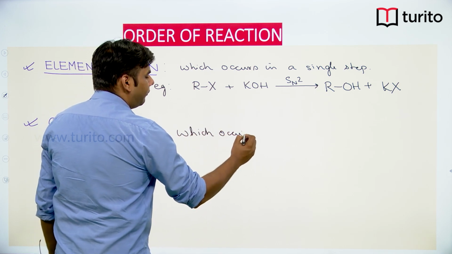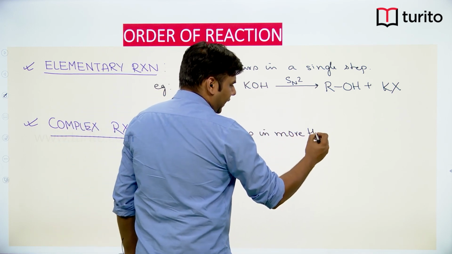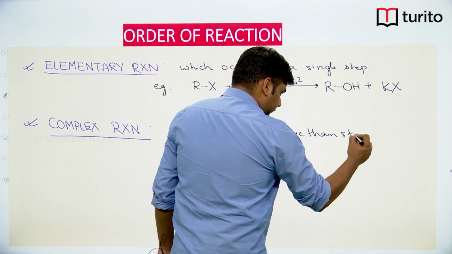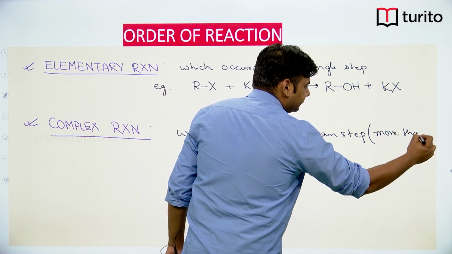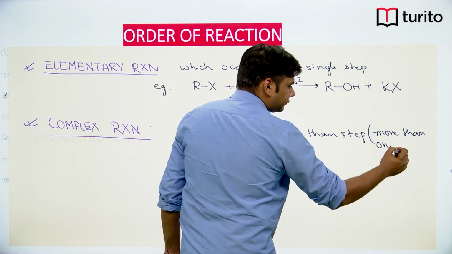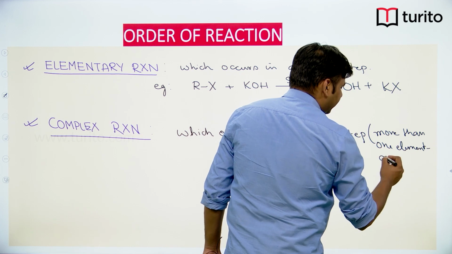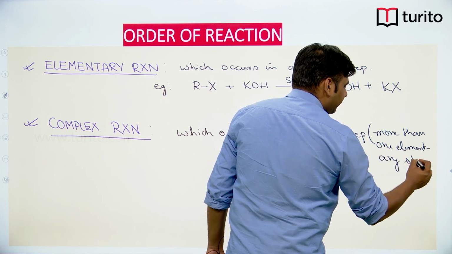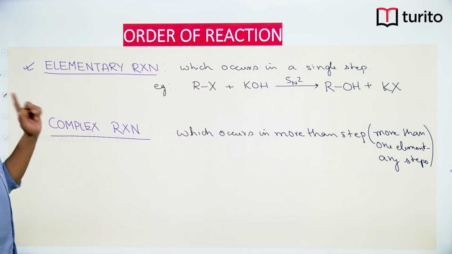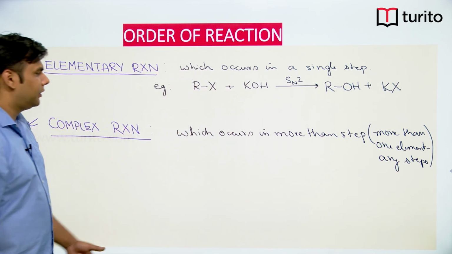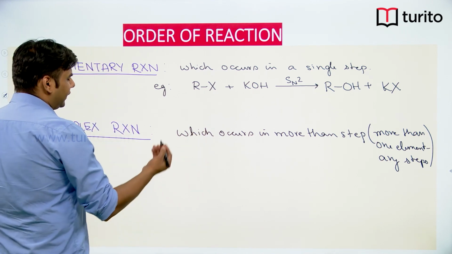We say that they have more than one elementary step. Basically, a complex reaction is one which has more than one step. A very common example is the SN1 reaction.